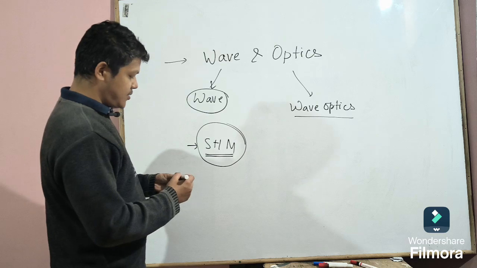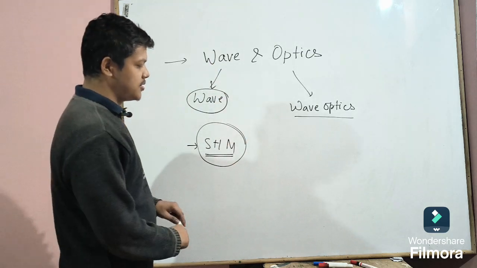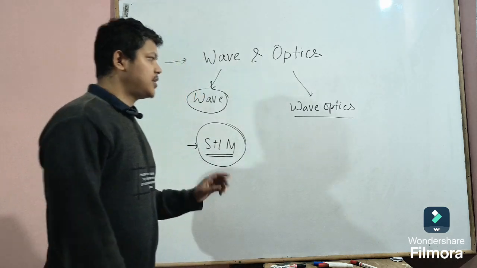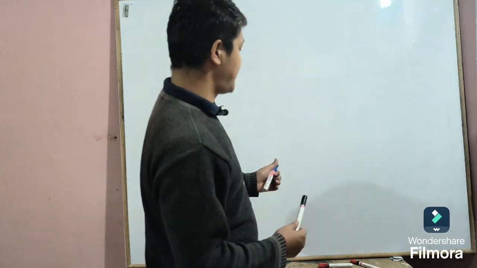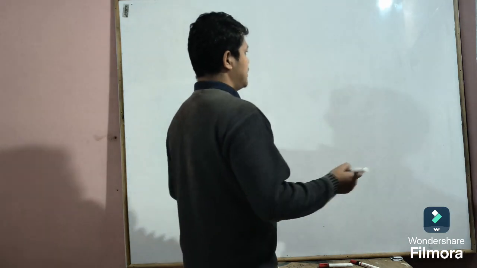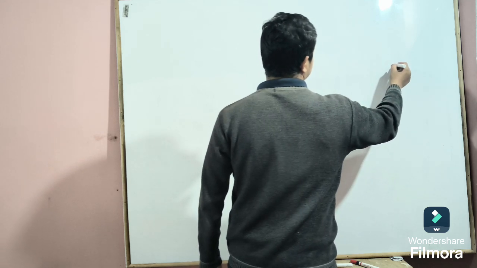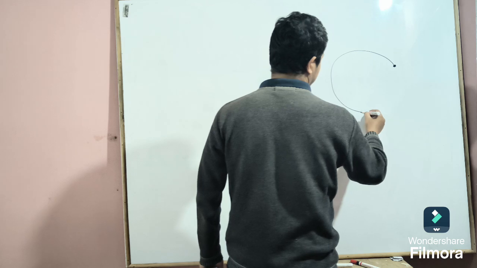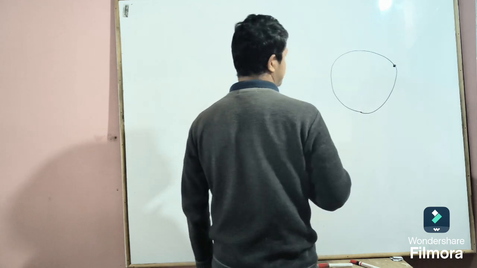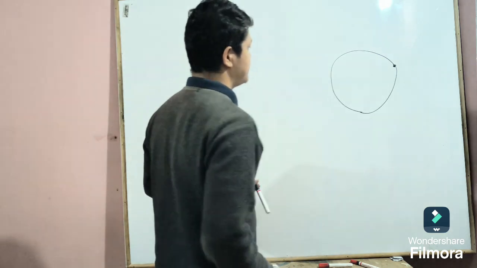Okay, so in order to explain this, let me clean the board. In order to explain what is simple harmonic motion, let me consider a particle. This is moving in a circular path like this. Let me draw it properly.